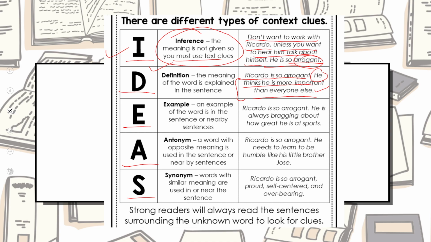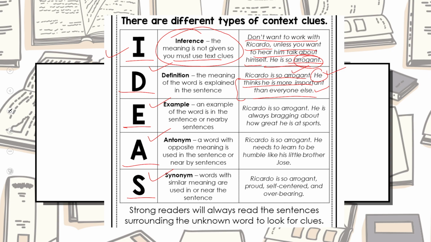So the definition was in the sentence right after Ricardo is so arrogant, and you can find the definition of arrogant there, and then the meaning is very much clear. Example clues, we have covered them. Antonym clues covered. Synonym context clues are also covered.